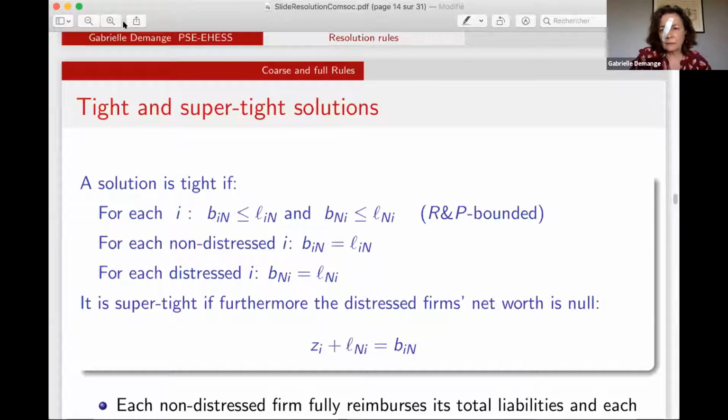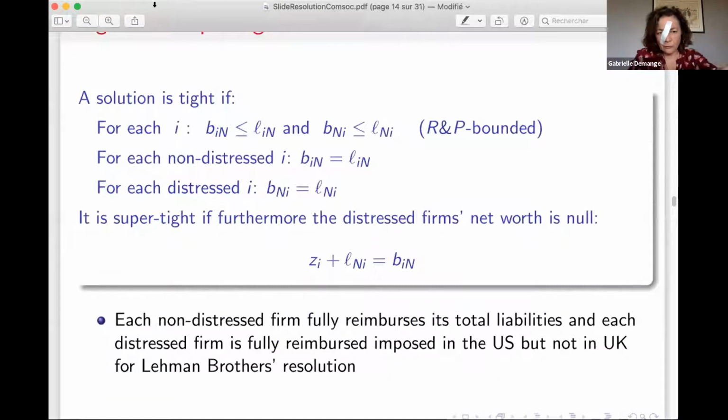This is sometimes imposed by some regulation, but not all, because, for example, in the case of Lehman Brothers, in the US, a bank on which Lehman has defaulted should nevertheless fully reimburse Lehman. And it was not the case in the UK. So it's a regulation which may be discussed.